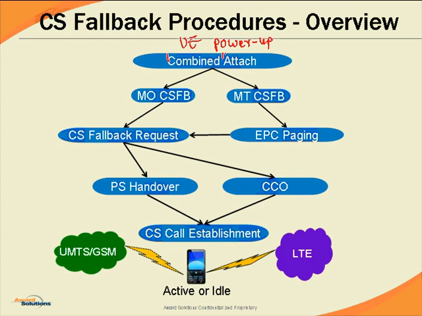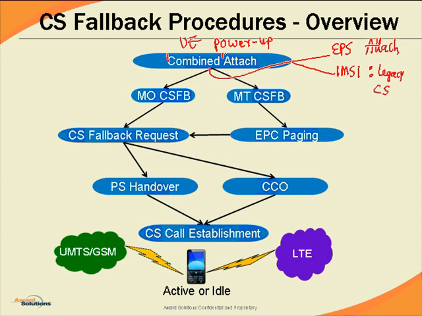Combined attach means we attach with the EPS, and then we attach our IMSI to some legacy technology. So combined attach means not only attaching to LTE, but also attaching to another technology, let's say UMTS or 1X.